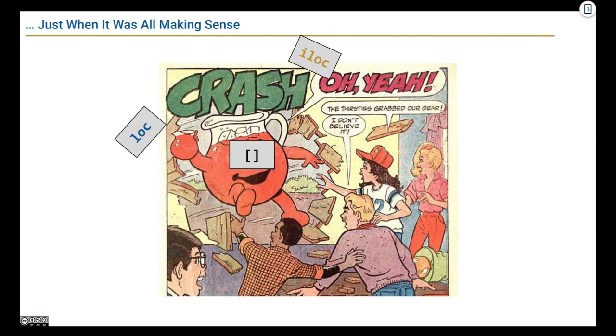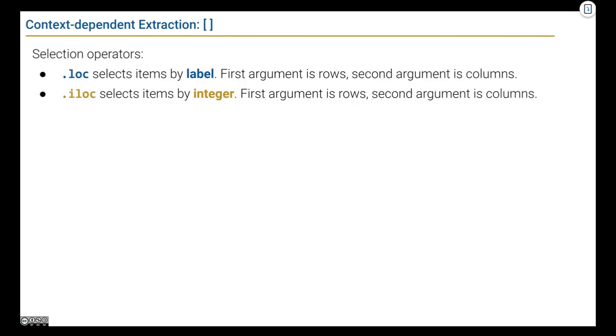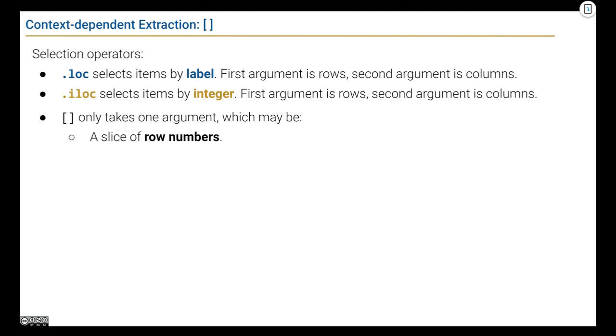All right, now, just when it was all making sense, we have a third operator here, just the bracket operator, which was basically designed to give us shortcuts for some of the most commonly used loc and iloc calls. So this extraction operator, the bracket, takes one argument.